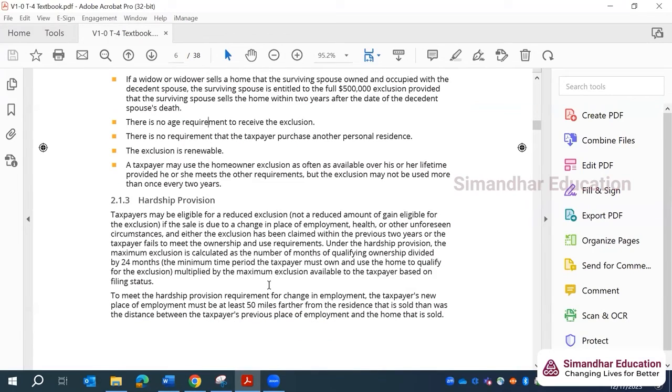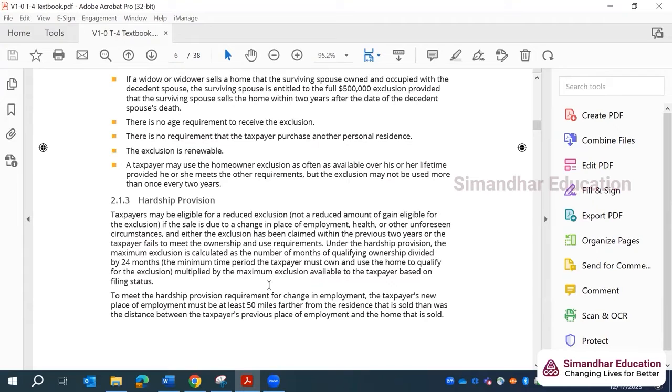Okay. Now, under this provision, we have two more things that we need to keep in mind. One is a hardship provision, and the other one is the non-qualified use of property. I'll repeat myself. In this topic, there are two more things which are very, very important that we need to remember.